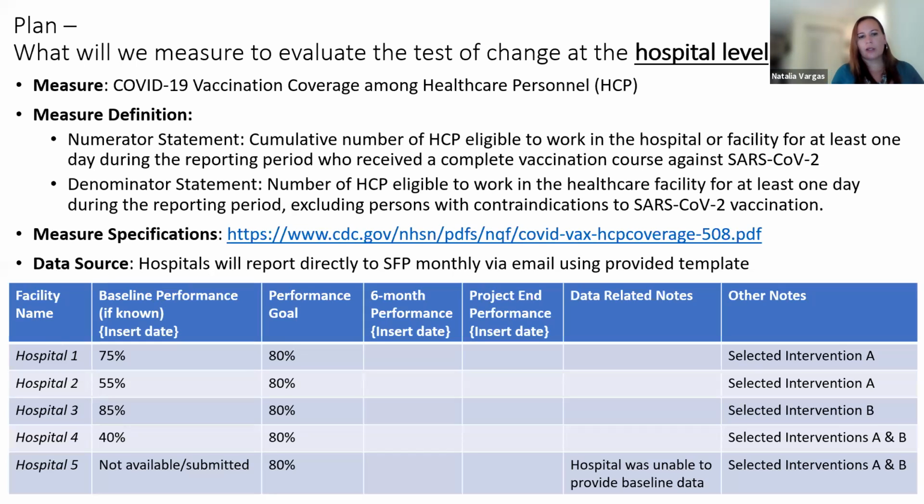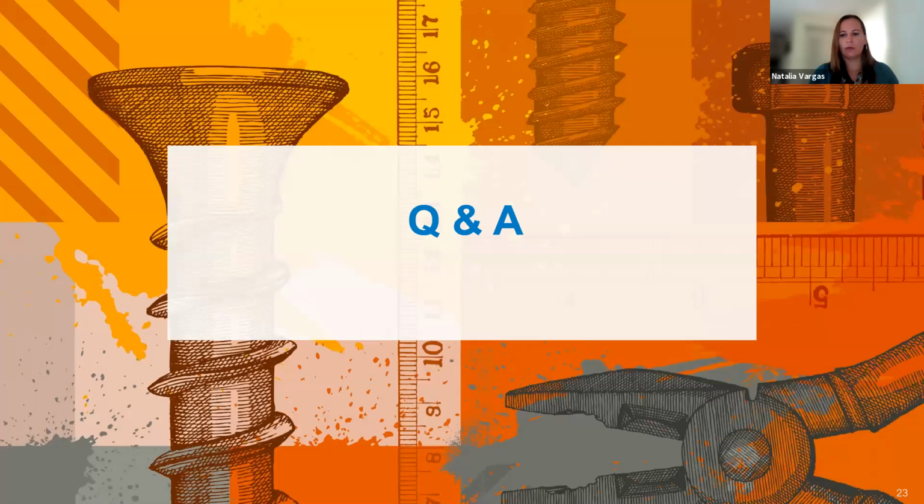And so for some of you, again, you may have this information readily available. For others, it may require some brainstorming. But understanding how you will use the measure and making changes to that will really be the foundation for what you do with the project.